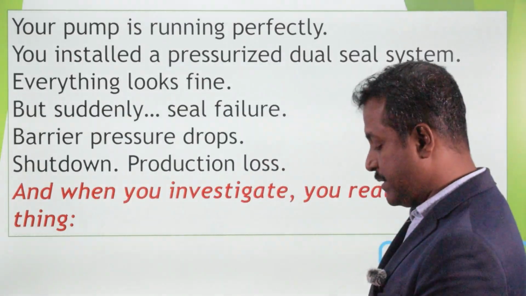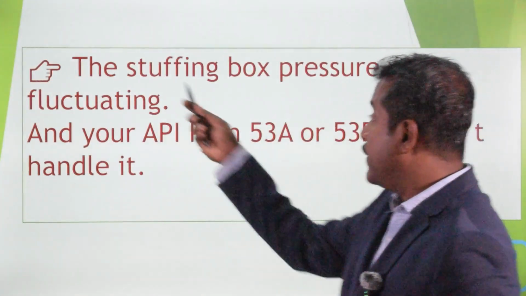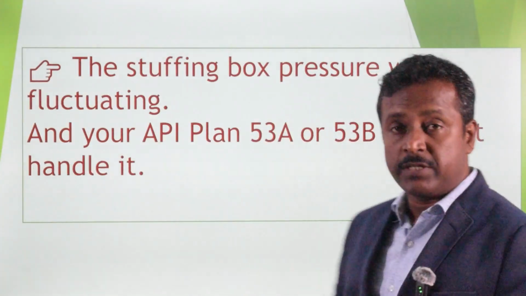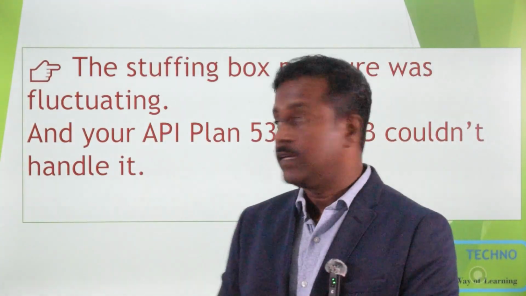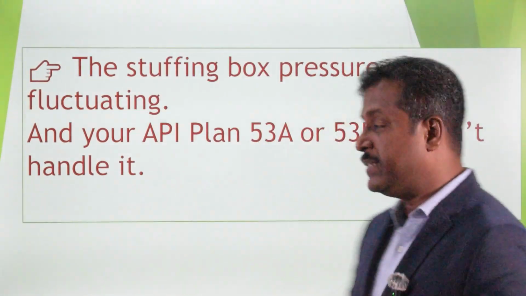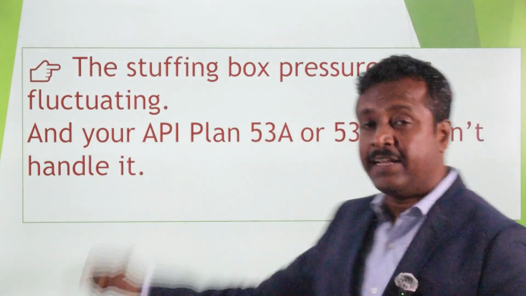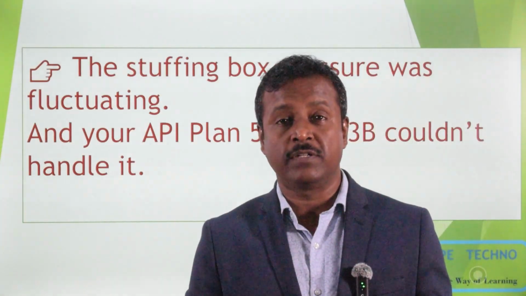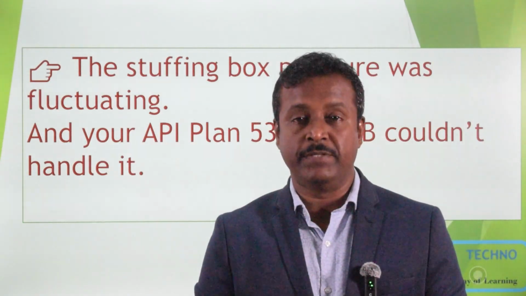You find that the stuffing box pressure is fluctuating, maybe increasing, and your API Plan 53B or 53A could not handle this fluctuation. So, what is the solution? The solution is Plan 53C.